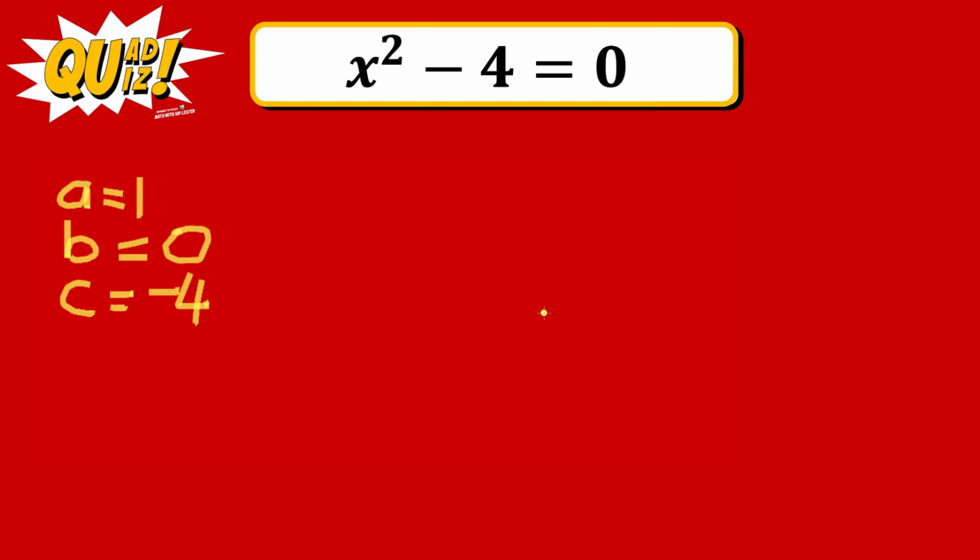This only happens if your b is equal to 0. And whenever you have an example like that, you can use the extracting square roots method. The extracting square roots method will use, of course, from the name itself, taking the square roots of both sides of the equation.